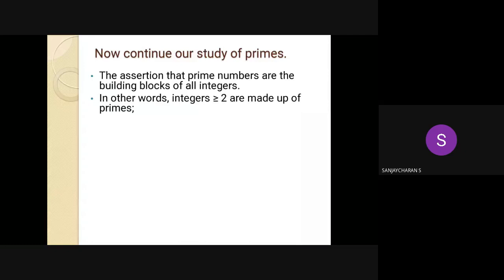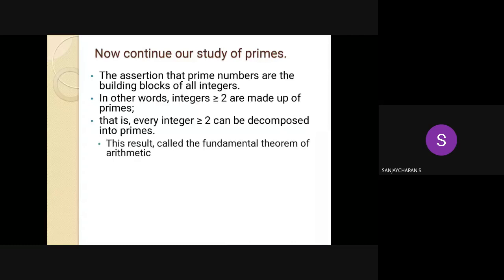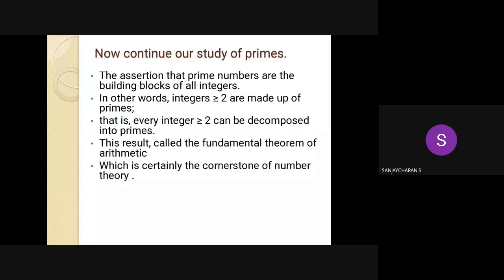By the lemma we already know that every integer greater than or equal to 2 can be decomposed into primes. This result is called the fundamental theorem of arithmetic, which is certainly the cornerstone of number theory.